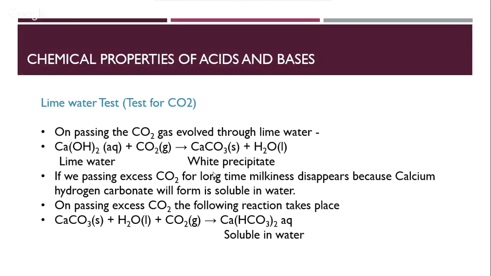But if you pass the CO2 for a very long time, CaCO3 dissolves because of the formation of calcium bicarbonate. So whatever was white with CaCO3, you'll realize the same becomes Ca(HCO3)2, and it's soluble in the solution. So white becomes colorless if you pass more of CO2. This establishes the presence of CO2 in the reaction of acids and bases.